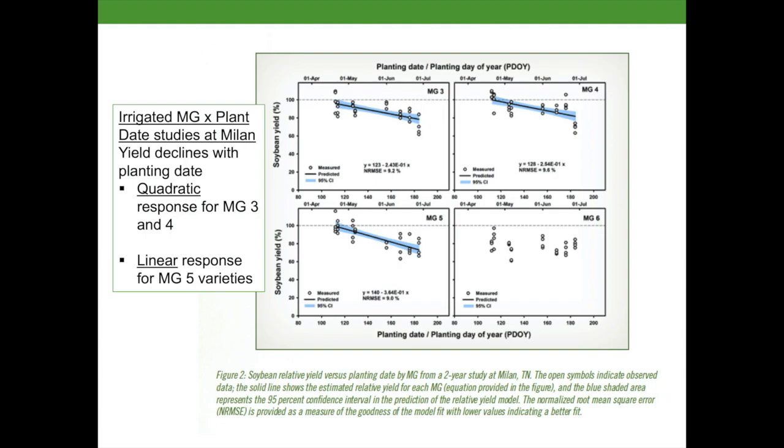We found that group 3 and 4 varieties have a quadratic, or curved, response to later planting, and group 5 varieties have a linear response. A linear response usually means a steeper decline, so the bushels per acre loss, particularly with those later plantings, is going to be higher than with a quadratic response.